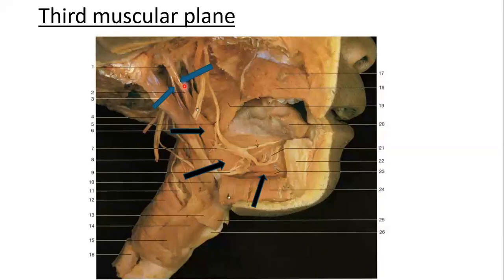Then stylopharyngeus is more to the medial part, and I have listed it out. And we have two ligaments which complete the styloid apparatus, your stylohyoid ligament and your stylomandibular ligament. So those three muscles and two ligaments form your styloid apparatus, okay? And then that is your posterior belly of the digastric muscle over there.